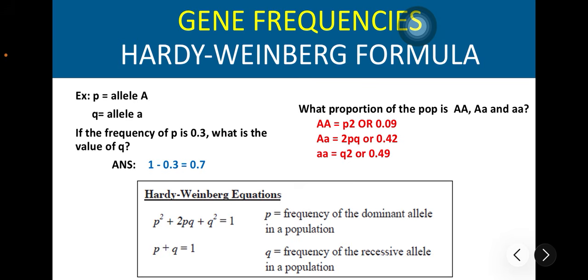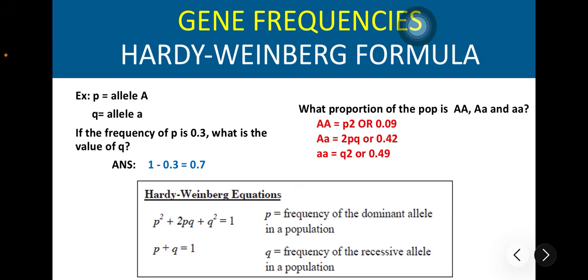The concept of genetic equilibrium: we have Hardy and Weinberg, who were a mathematician and a physician. They used the formula to estimate the frequency of genetic diseases or observed traits. The formula is based on the principle that the sum of the gene frequencies, when expressed as a decimal, will be equal to 1.